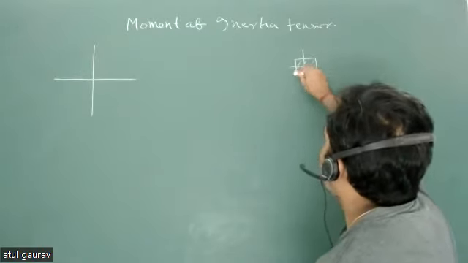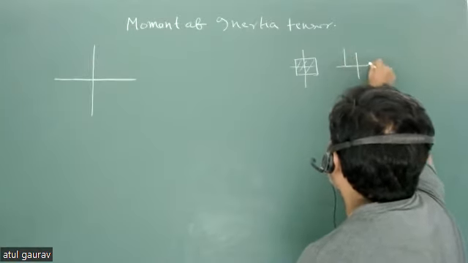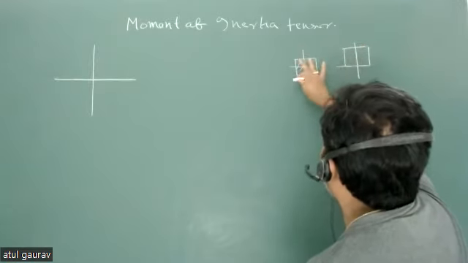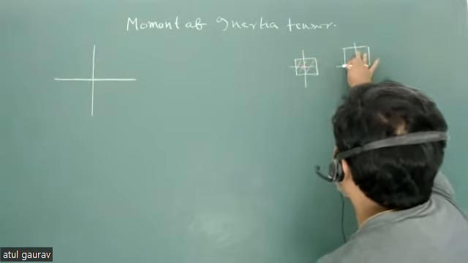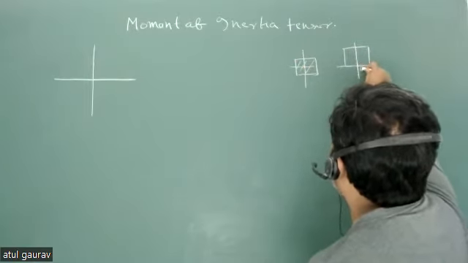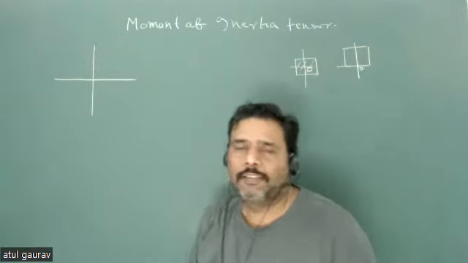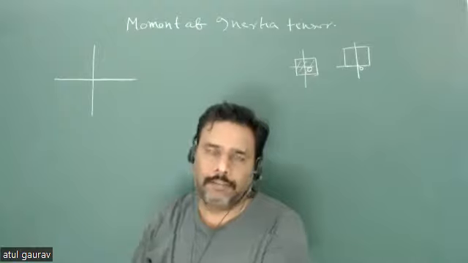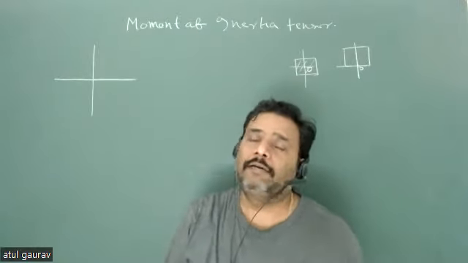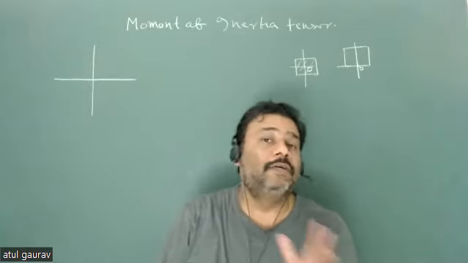Suppose this is one case, and there is another case: the same square plate is kept like this, and here is my origin. So what will happen if we change the origin? The limits are going to change, the coordinates are going to change. If this happens, then obviously the moment of inertia tensor will change.